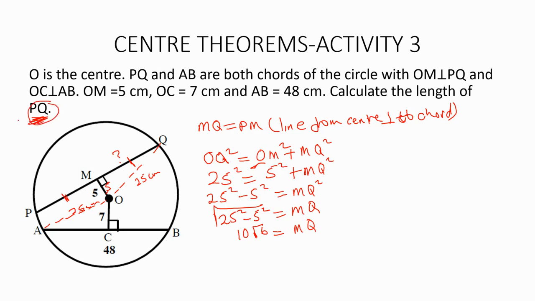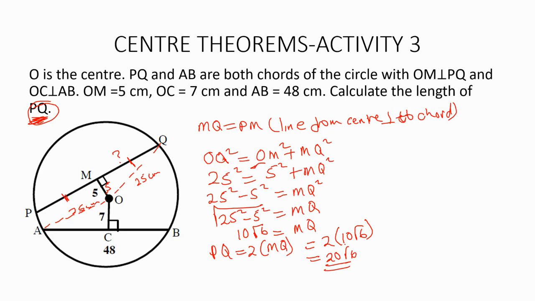If you answer the question, let's go back to the question and check. We're supposed to find the length of PQ. So PQ is equal to 2 times MQ, which is 2 times 10 root 6, which is 20 root 6.